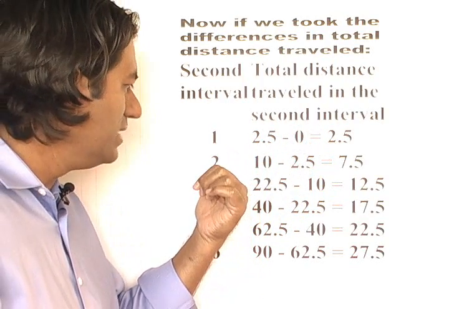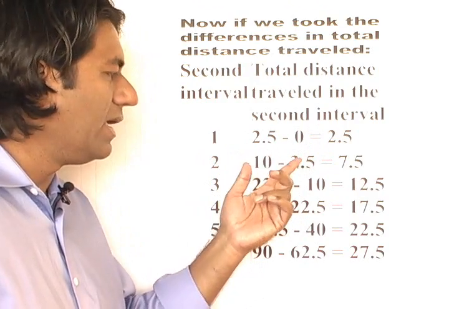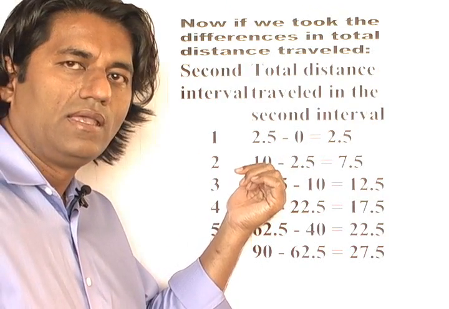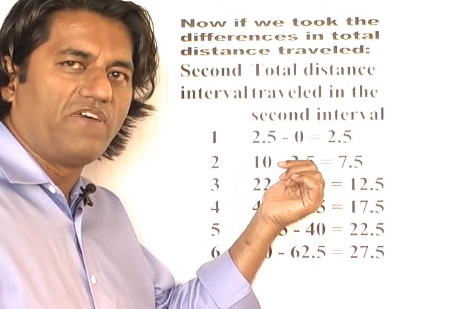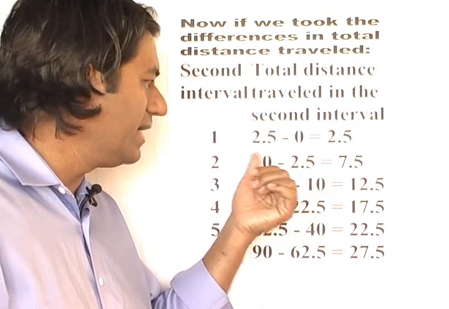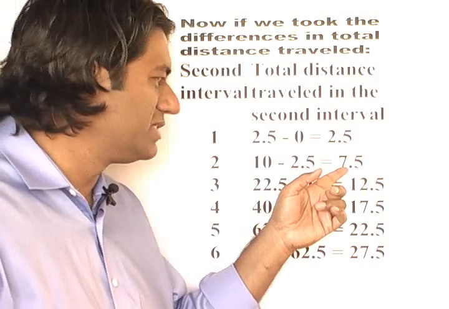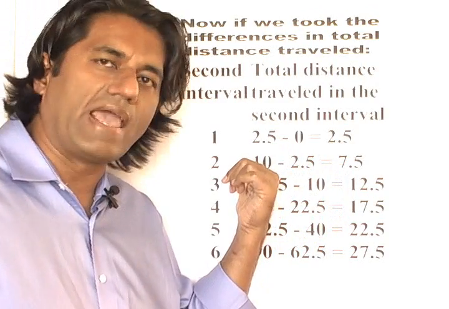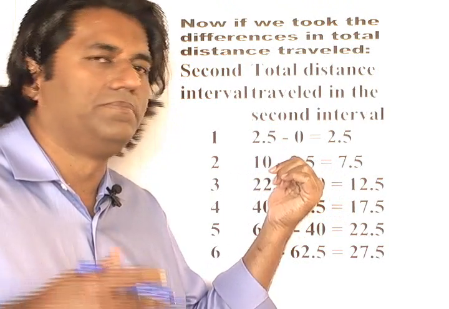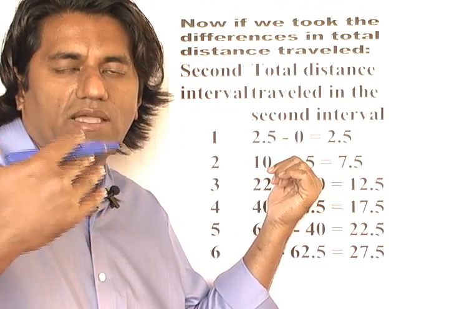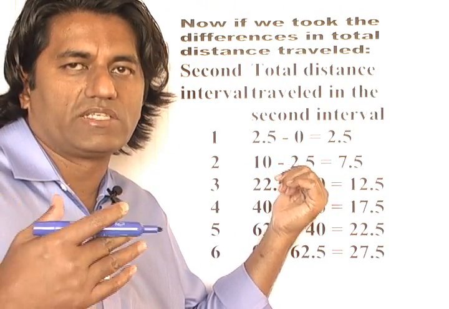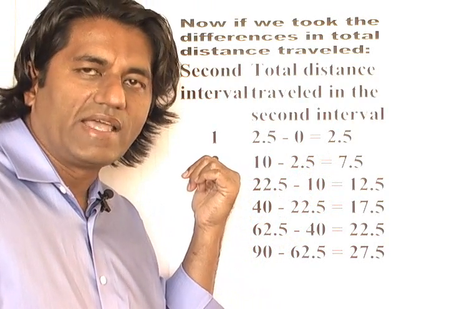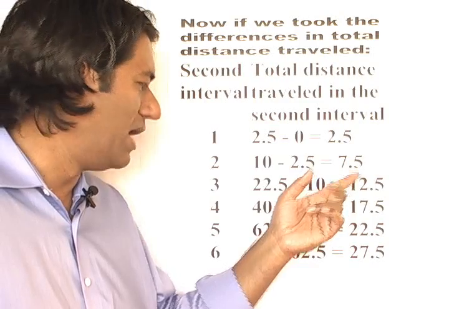In the second second, it is going to be 10 minus 2.5. So in the second time interval, the amount of distance traveled is 7.5, because the total distance traveled is 10, and at the end of the first second interval, the distance traveled was 2.5. So the total amount traveled in the second time interval is 7.5.